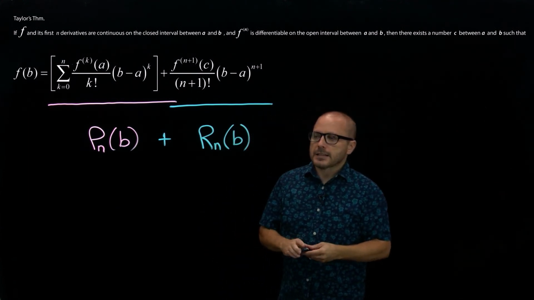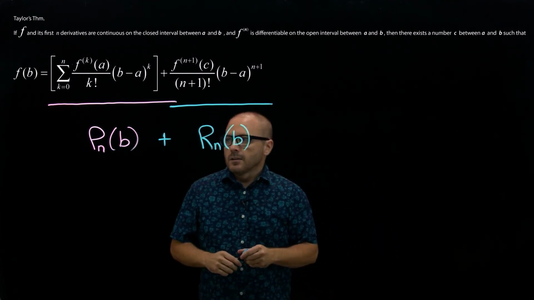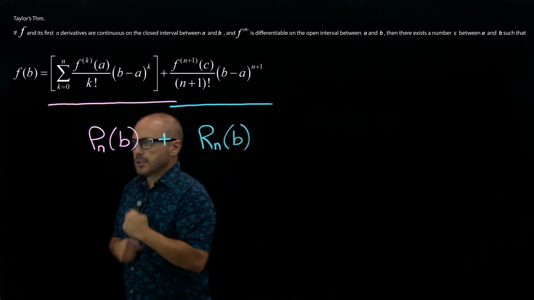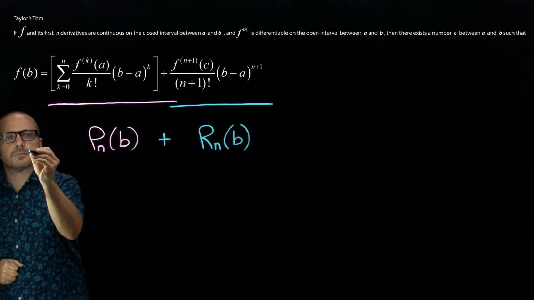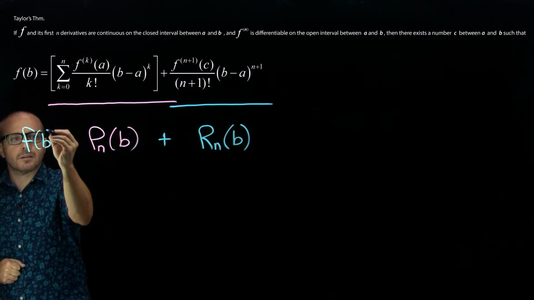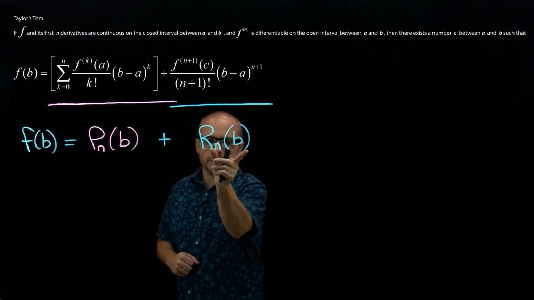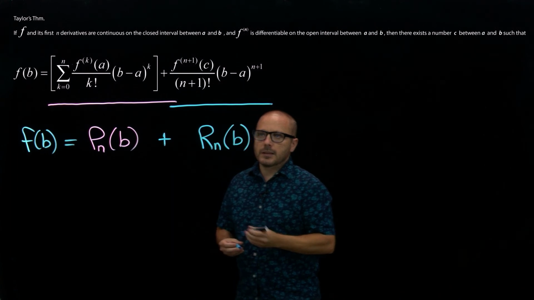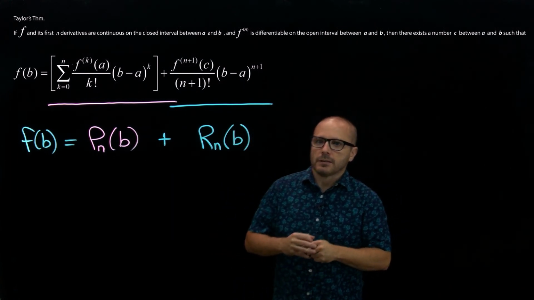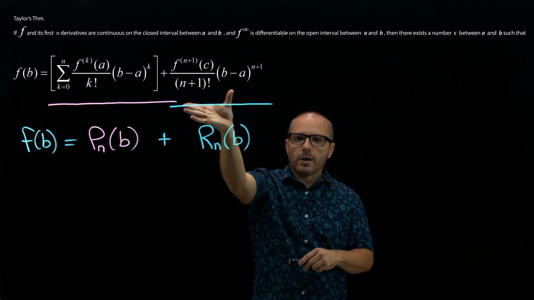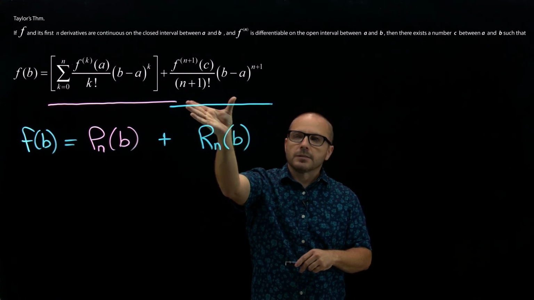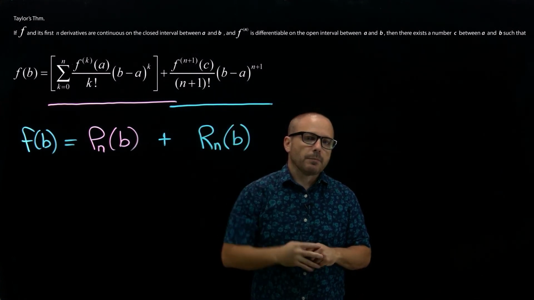So it's telling us that if you want to know the value of a function at some point, it is equal to its Taylor polynomial at that point plus some error. And the key part, really, the thing that we're going to be focusing on is this. What can we do with this formula so that we can say something about the error?